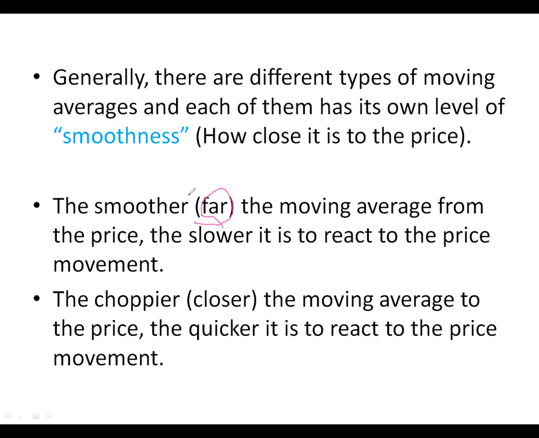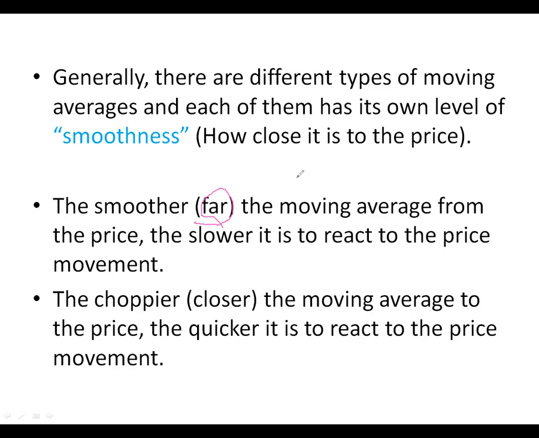So the smoother or farther the moving average is from the price, the slower it is to react to the price movement. If the moving average is very far from the candles, it will take enough time to react. It means that it will lag more.